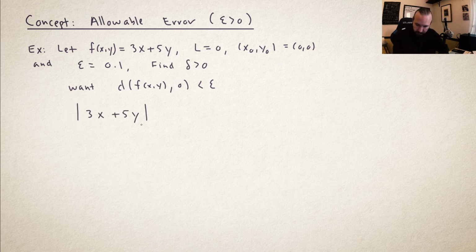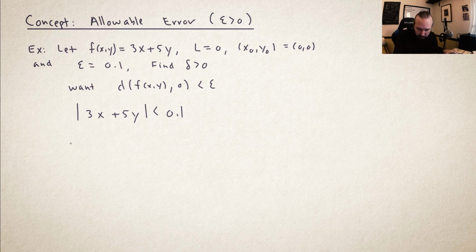And technically the distance between the function and 0, I want this to be less than epsilon, okay? But this is silly, I don't need to write minus 0 there. So I want this to be less than epsilon. The goal here is to make the distance between f of x and L less than epsilon.